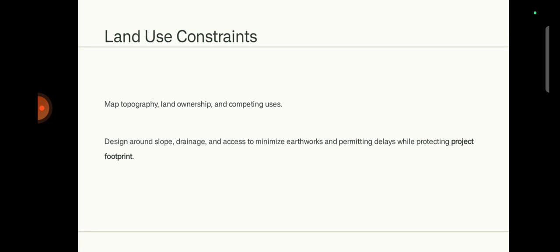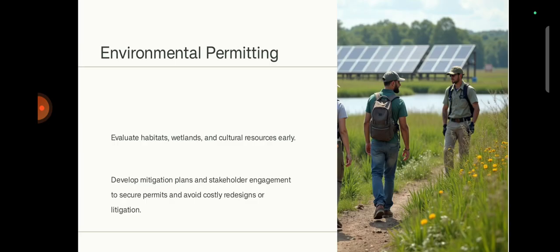Design around slope, drainage, and access to minimize earthworks and permitting delays while protecting project footprints. Environmental permitting evaluates habitats, wetlands, and cultural resources early. Develop mitigation plans and stakeholder engagement to secure permits and avoid costly litigation.